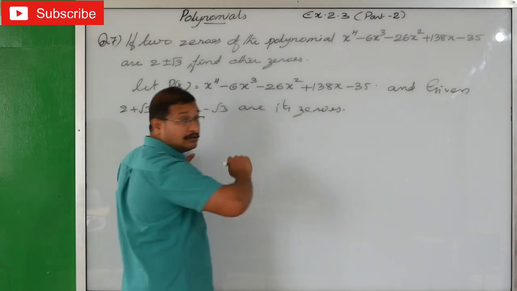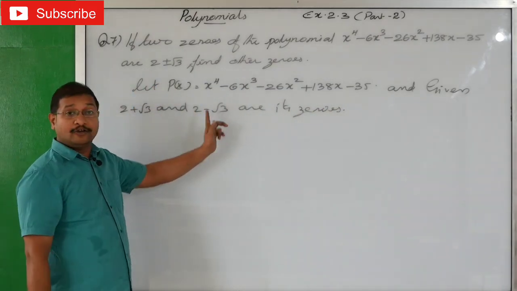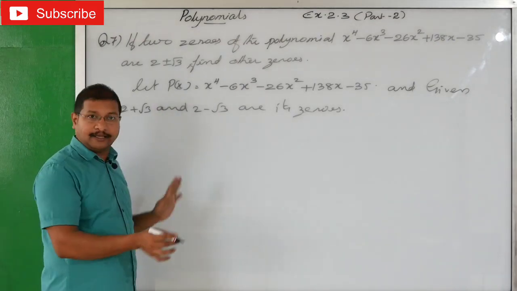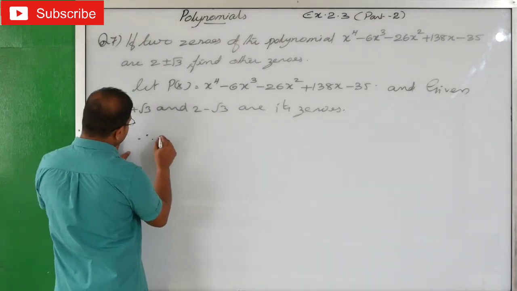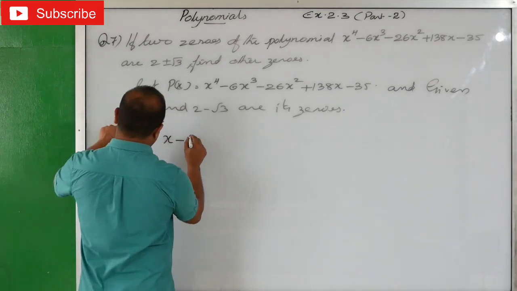You can understand, I think. 2 plus or minus root 3 means you can write 2 plus root 3, 2 minus root 3, plus and minus separating, isn't it? Therefore, x minus first zero, what is that?